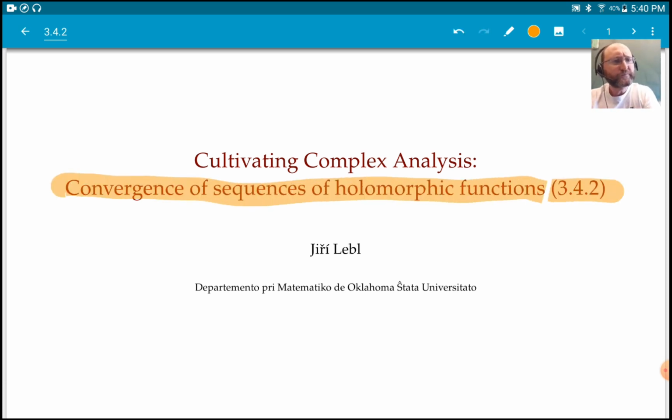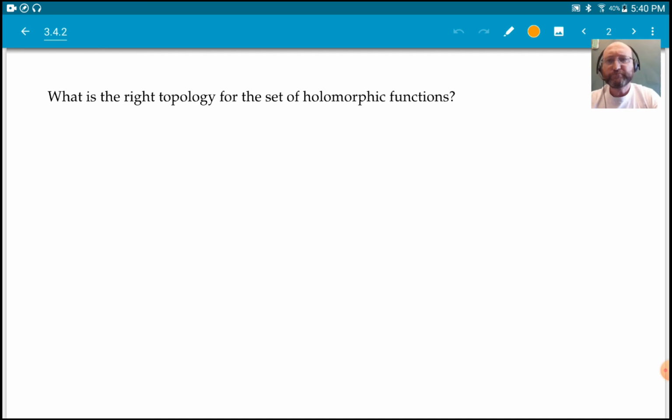So this is subsection 3.4.2 in the book. The question is, what is the right topology? What is the right notion of convergence for holomorphic functions?